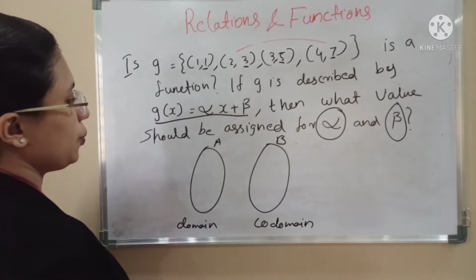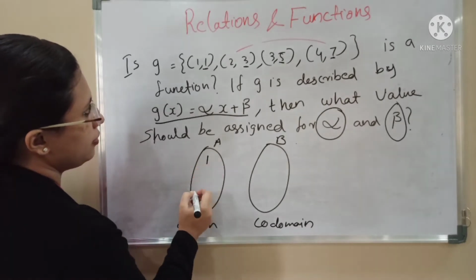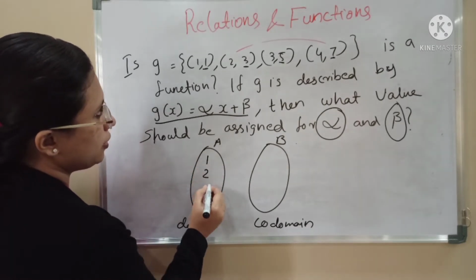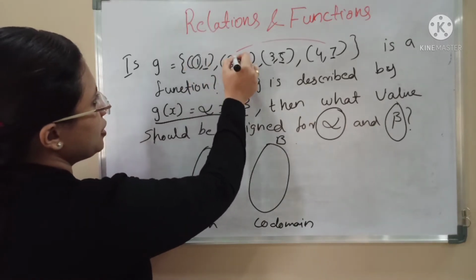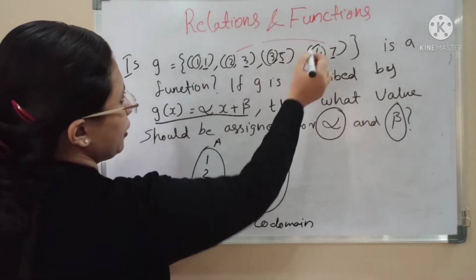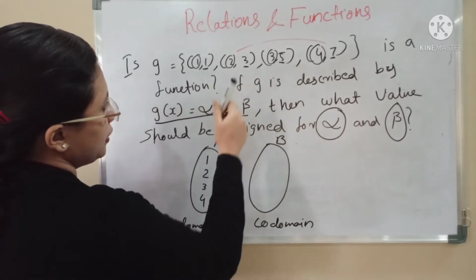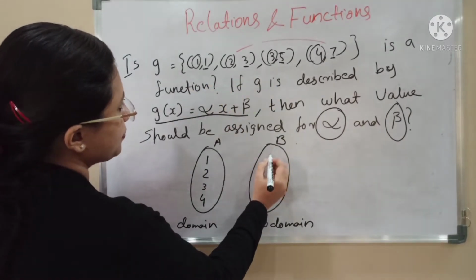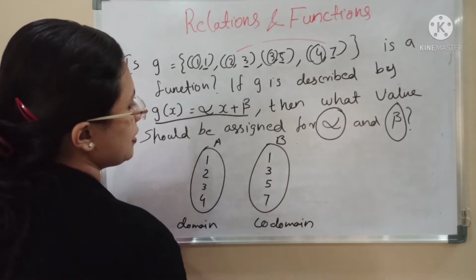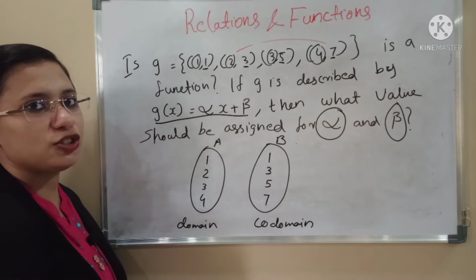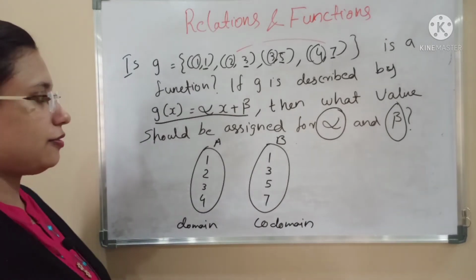Okay, so we'll write each of these: 1, 2, 3, 4. The first elements will come in the domain. Then the others are 1, 3, 5, 7. These are the range of those elements. Let's check whether it is a function.